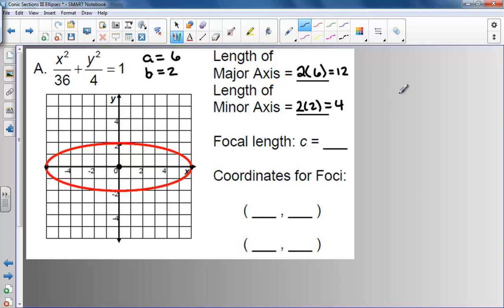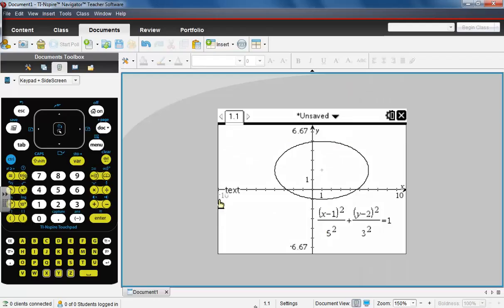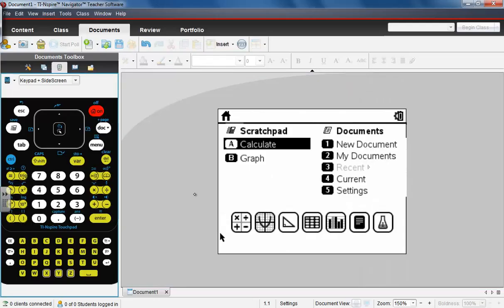For our focal length, we're using this formula: C is equal to the square root of the absolute value of A squared, so 6 squared, minus B squared, and we're going to go to our calculator for that. So we need a calculator page.